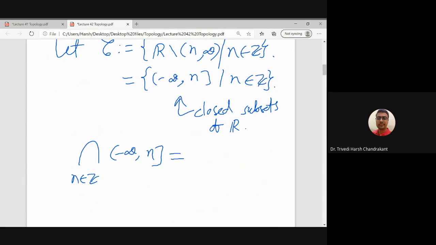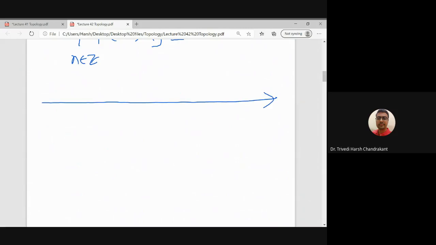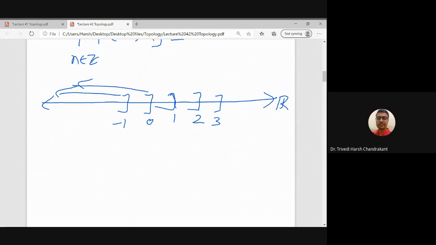We can observe this on the real line. The first interval is minus infinity to 1, then the second interval, minus infinity to 2, and similarly minus infinity to 0, minus infinity to minus 1, minus infinity to 3. So all these sets contain all these elements.